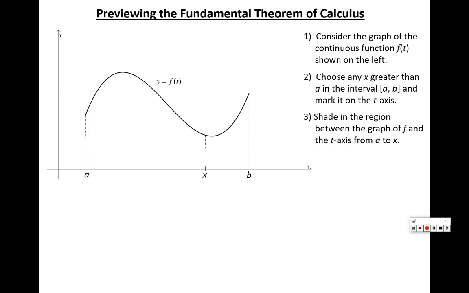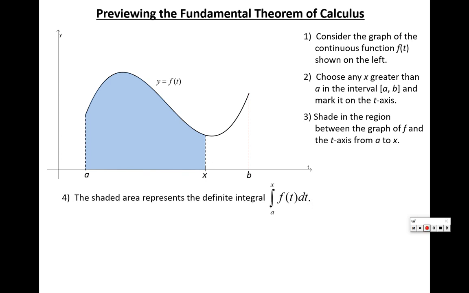So if we shade in the region, you just picture your x value, and other people will have different x values they shaded in between a and b, the shaded area would represent the area from a, the beginning of this, to x, whatever x value I gave you. You know, you got 7, you got 2.1, you got 8, you got 11.